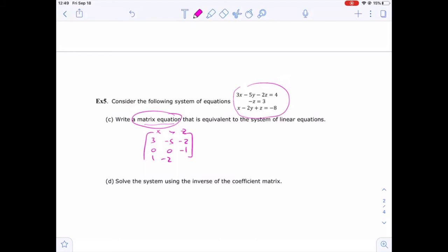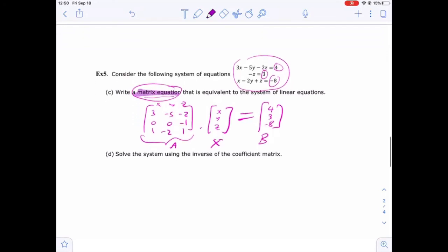And the third row, 1, negative 2, and 1. So this is the matrix A. And then the matrix X, the matrix of variables. The variables are x, y, and z, equals the constants. That's the matrix B. The constants are 4, 3, and negative 8. This is written as a matrix equation.